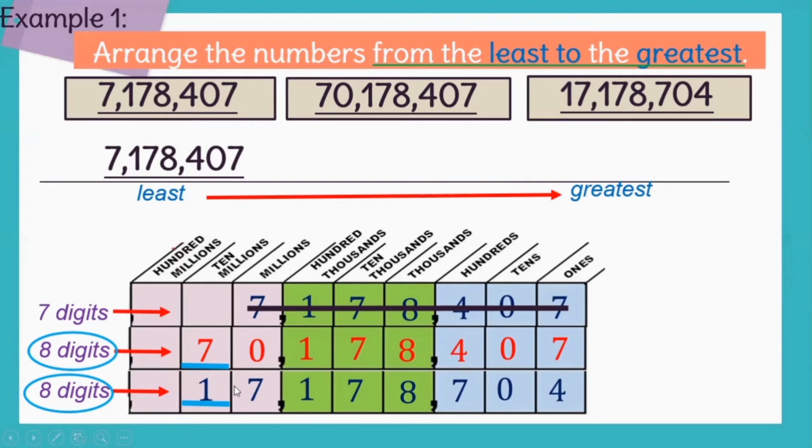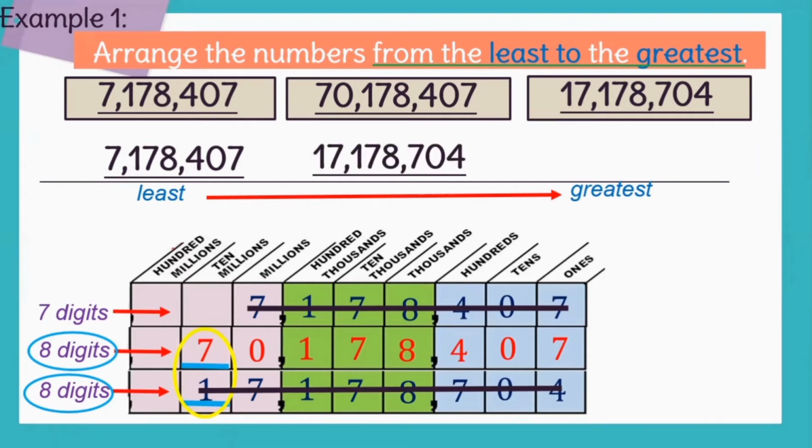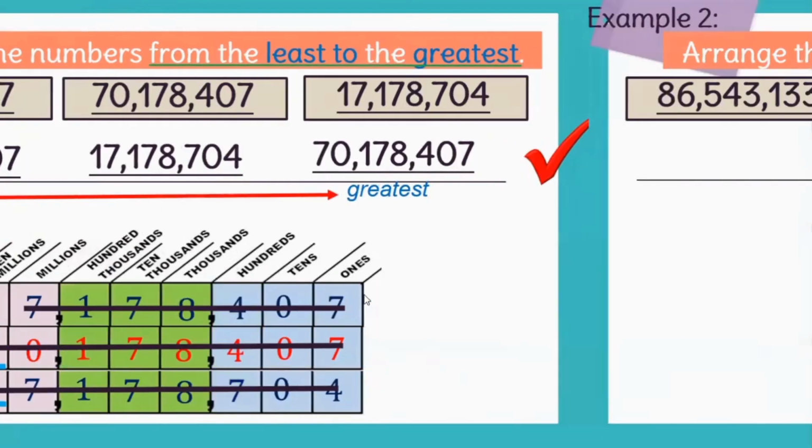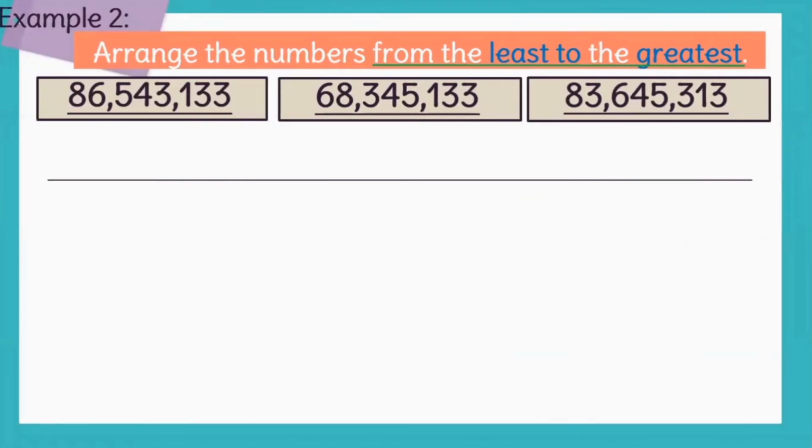It means this number, 17,178,704, will be in the second place. It means the remaining number is the greatest number, which is 70,178,407.